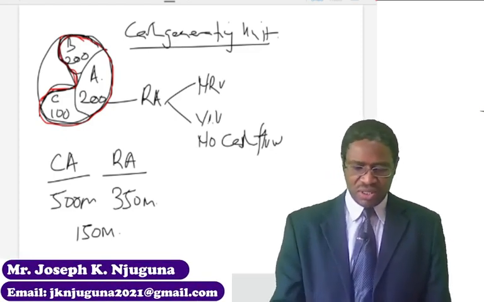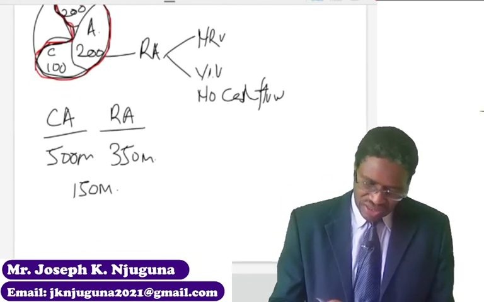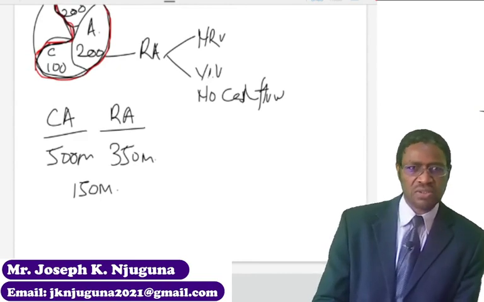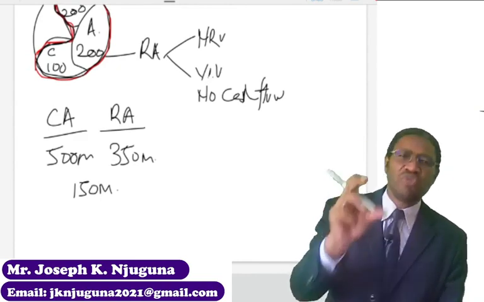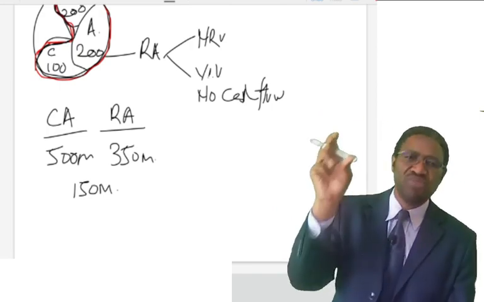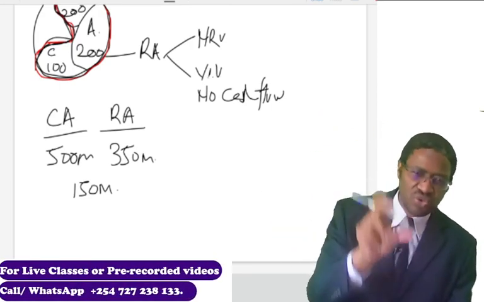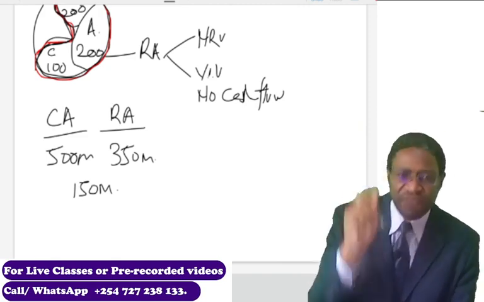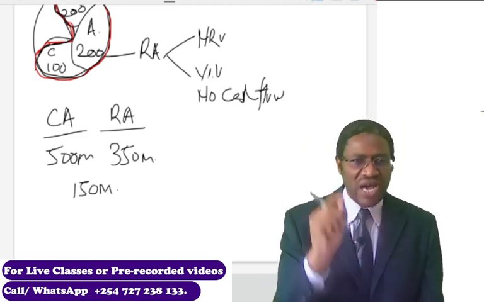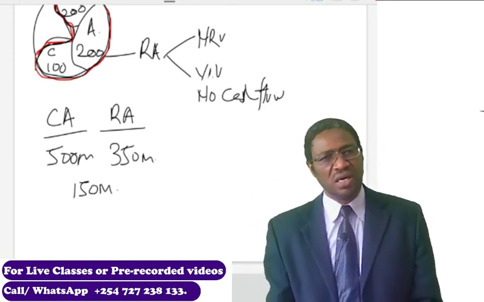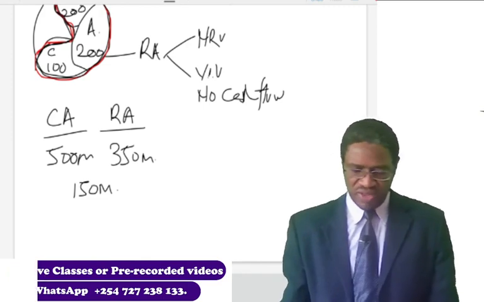Listen now, the accounting standard says that to write off that 150, it should be written off against the assets in the unit on the basis of their carrying amount.